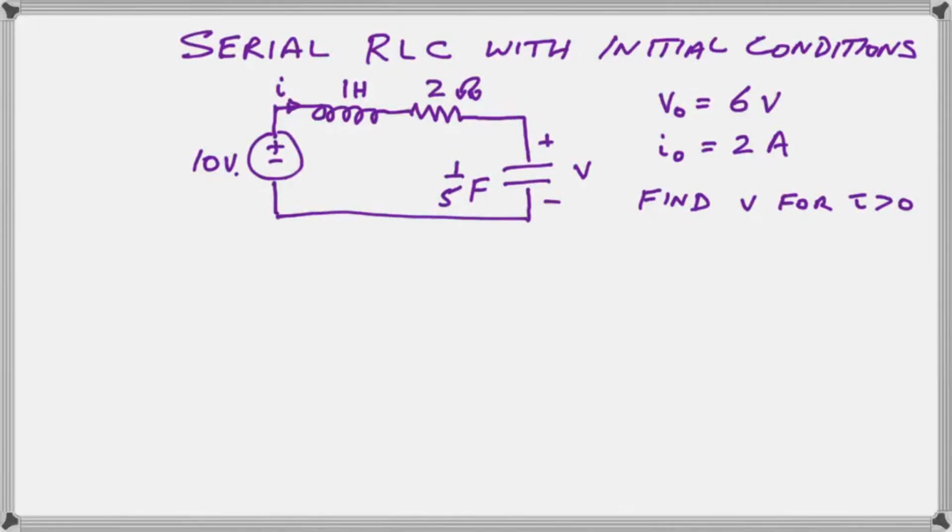In this video we're looking at transient DC analysis of RLC circuits that contain capacitors and inductors and resistors. We know that students want to know how to solve these problems with initial conditions.